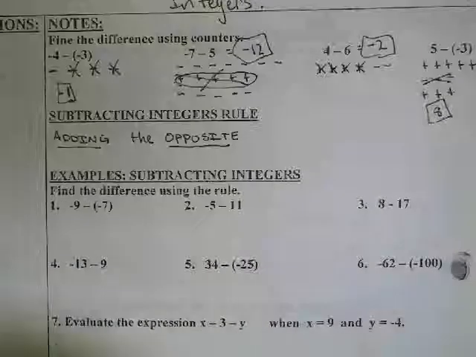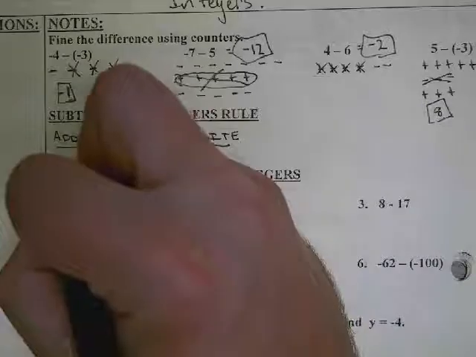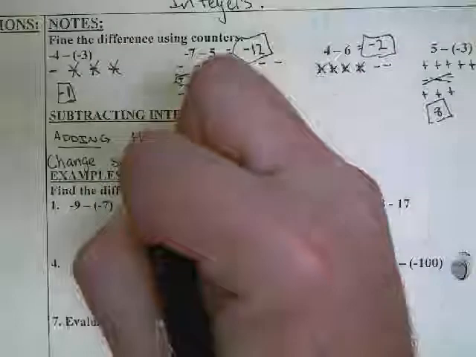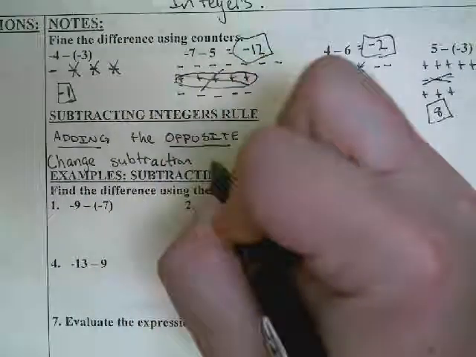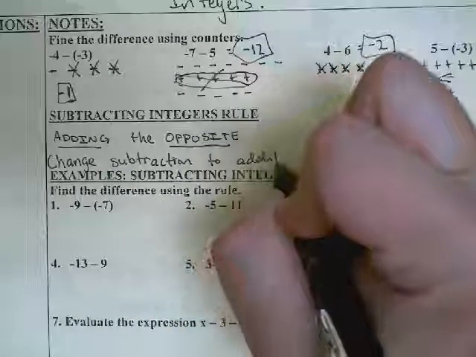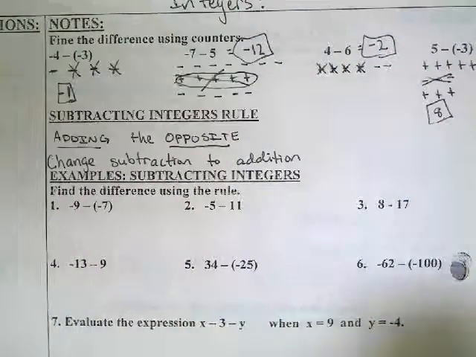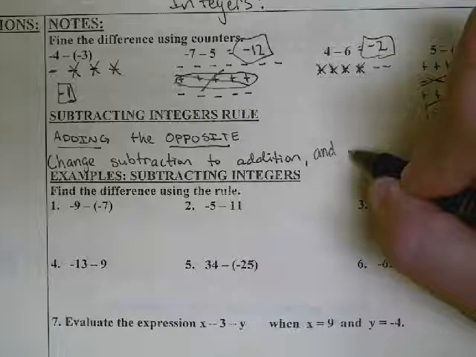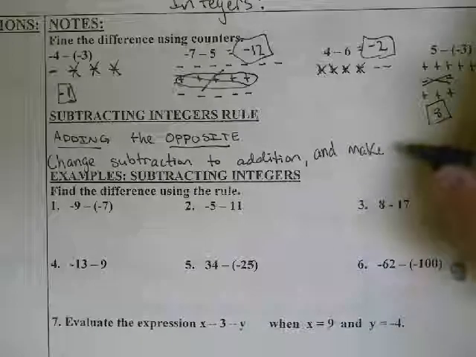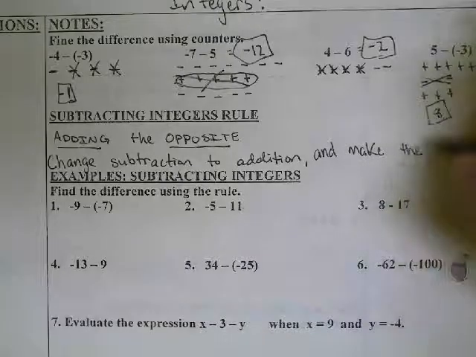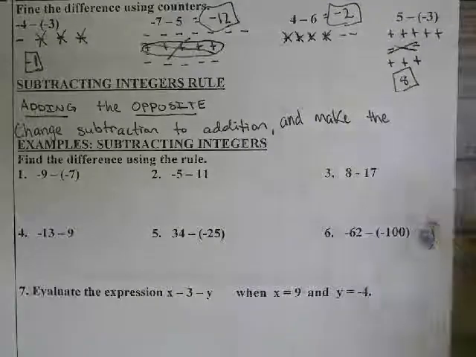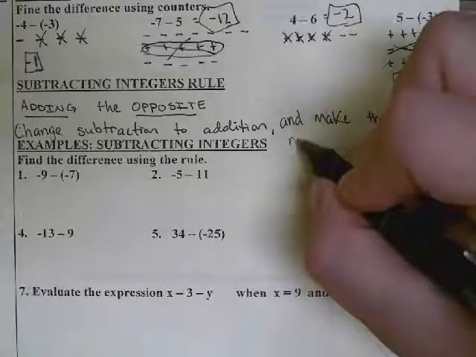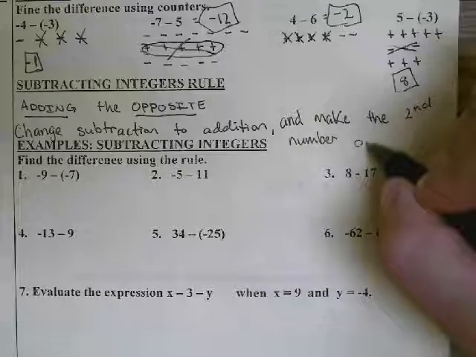So to add the opposite, we will change subtraction to addition, and make the second number opposite.